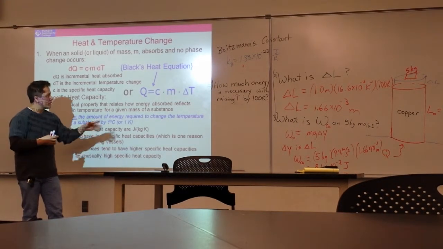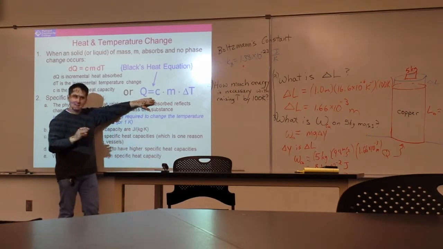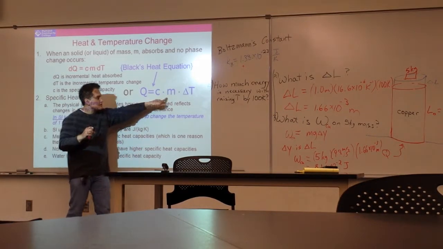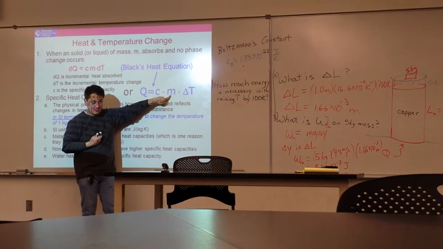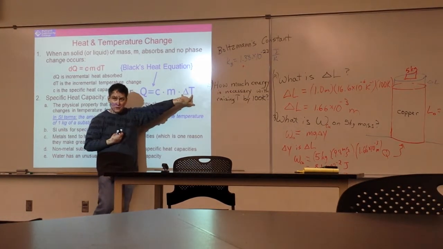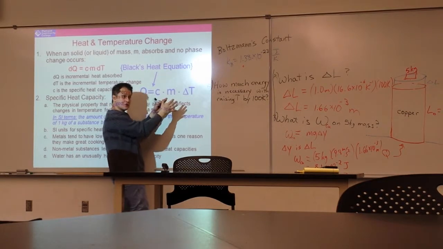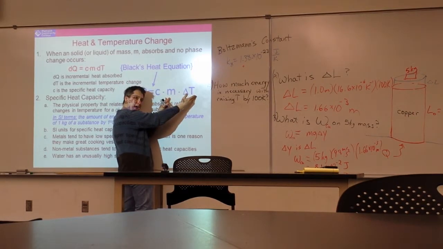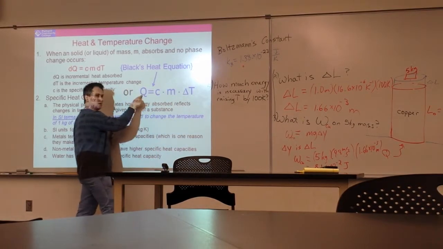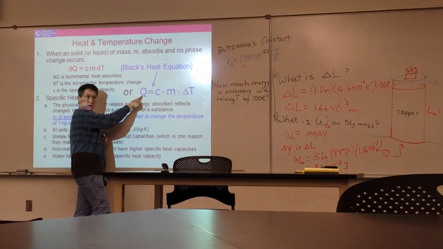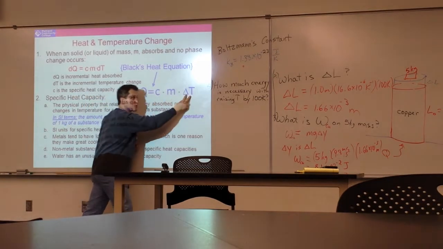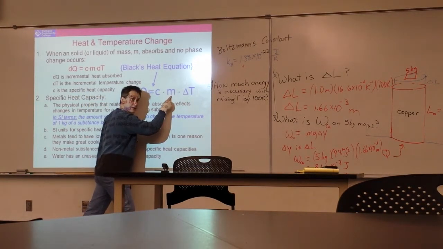Now, he did it in a relatively complicated way, but ultimately what he came out with was this: if you take a system that has a certain amount of mass, and you measure the temperature change that system undergoes, the product of the mass of the system, more mass meaning more particles that have to gain energy, and the temperature change, meaning changes in average energy per particle, is directly proportional to the amount of heat that has been absorbed. In other words, it takes a certain amount of Q to raise a certain mass a certain temperature.